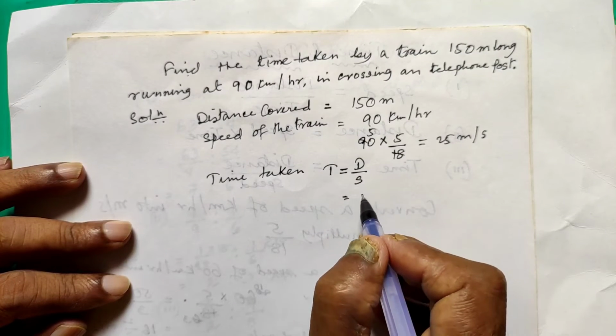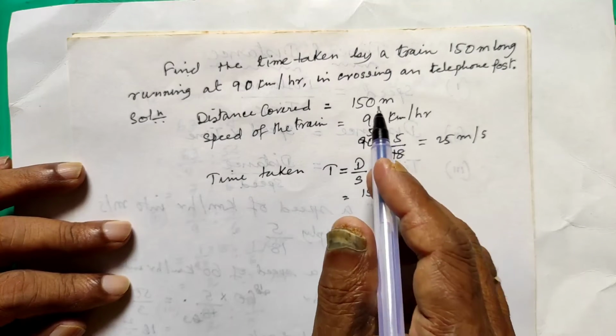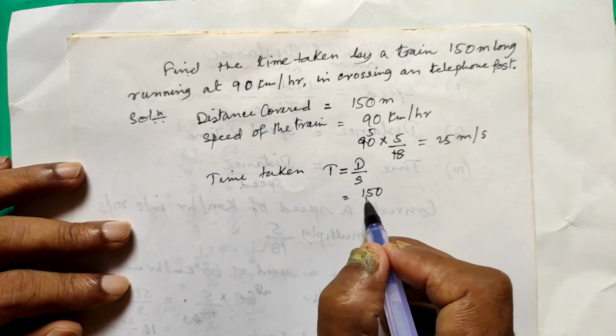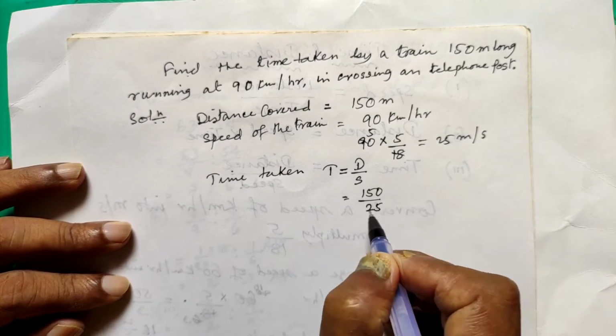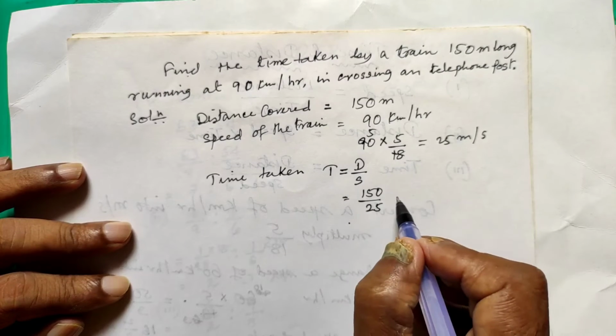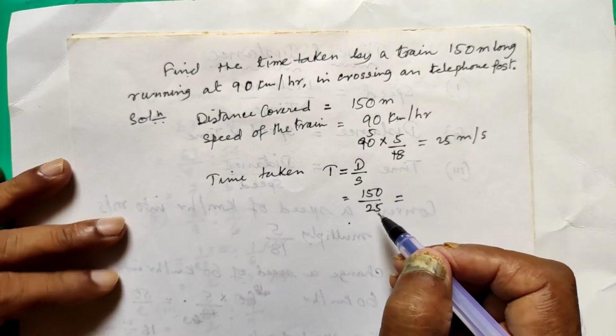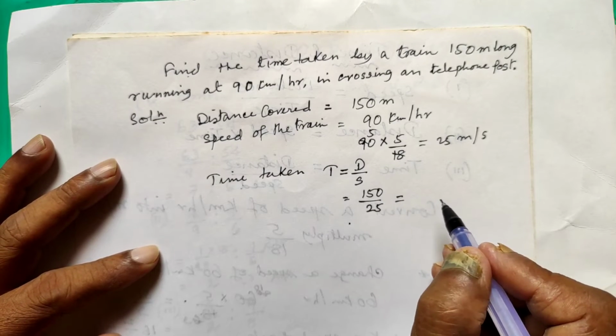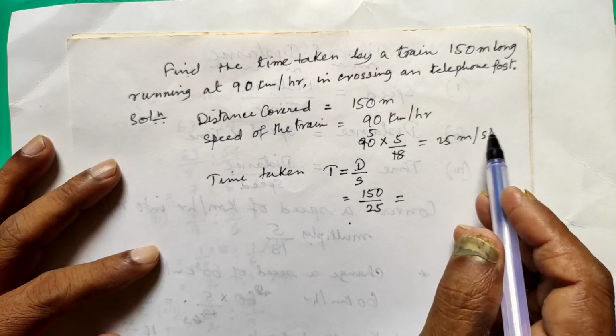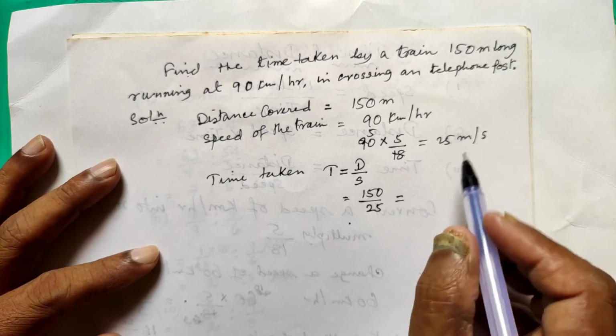Okay, what was the distance? 150 meter, right? And what is the speed? 25. Okay. So, over here if you cancel it, okay, you are getting 6, and we have already converted it into meter per second.